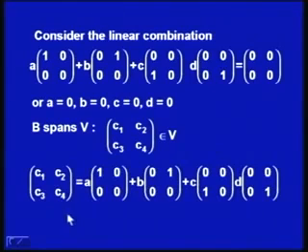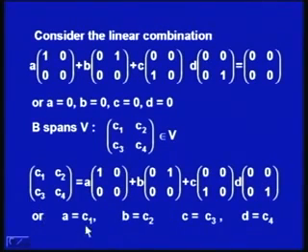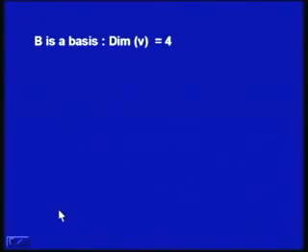So, we try with (C1, C2; C3, C4) equal to A times the first vector, B times the second, C times the third, and lastly D times the fourth, and simplifying gives me A is equal to C1, B is equal to C2, C is equal to C3, and D is equal to C4. So, all these coefficients can be obtained in terms of the given vector. So, we can say B spans V. So, B spans V and is a set of independent vectors. So, we can say that B is a basis, and since B has 4 vectors in it, the dimension of V is 4.